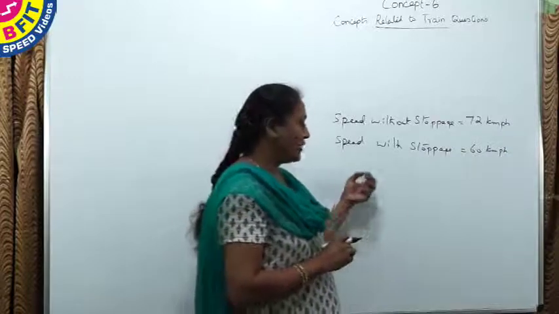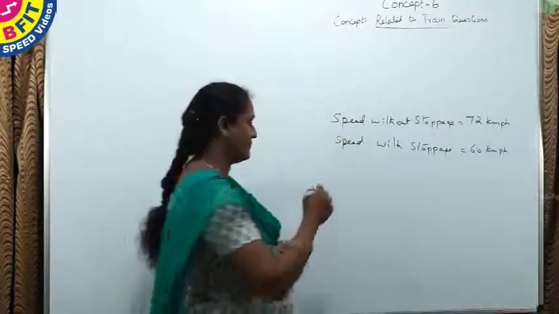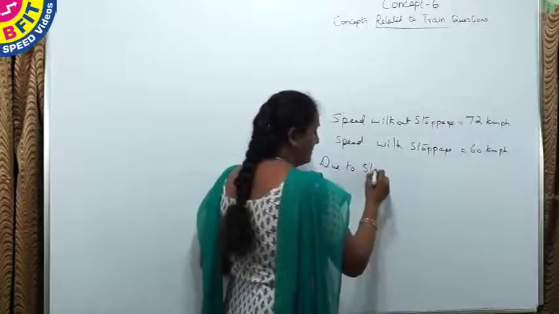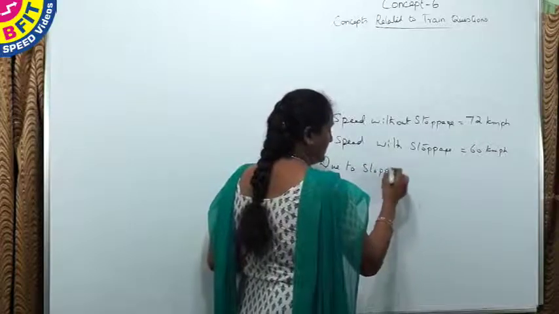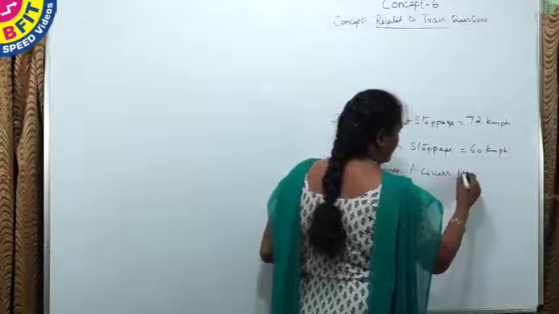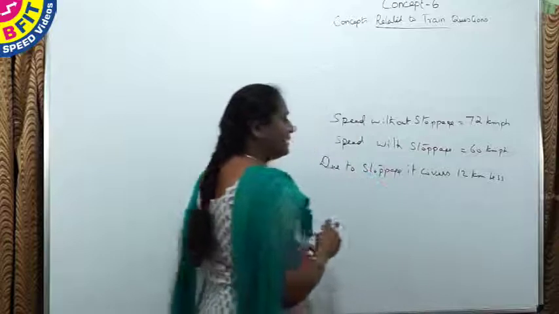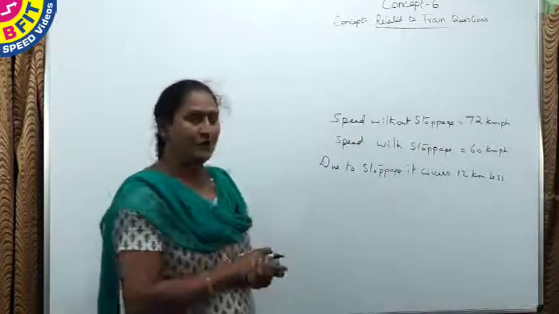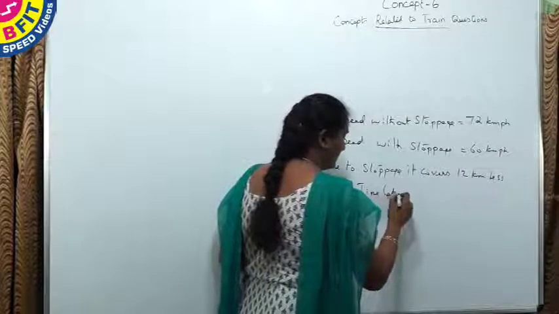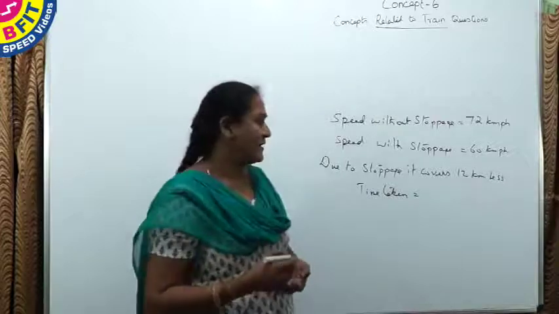With the stoppage, it covers 12 kilometers less. Due to these stoppages, the time taken to cover these 12 kilometers is calculated by distance divided by speed.